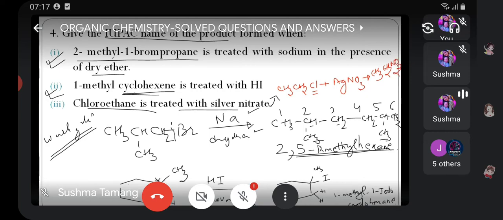So what is the name of the product? This is ethyl nitrate. You can write ethyl nitrate in the question.